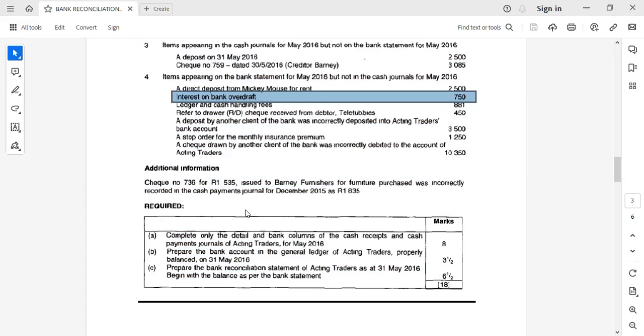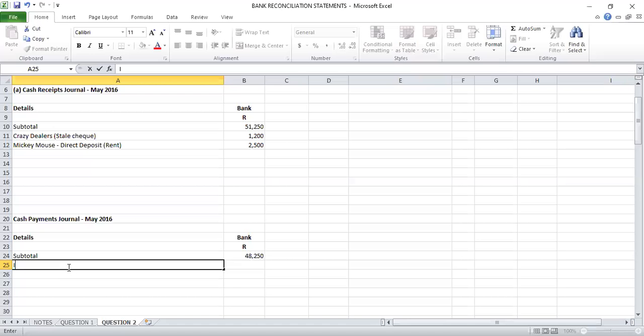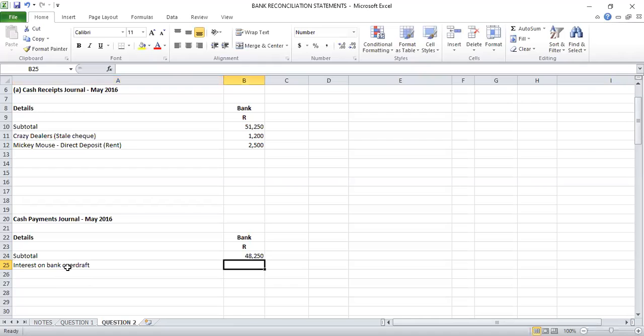So, interest on bank overdraft, 750. You have to check whether the interest was on a favorable or unfavorable balance.